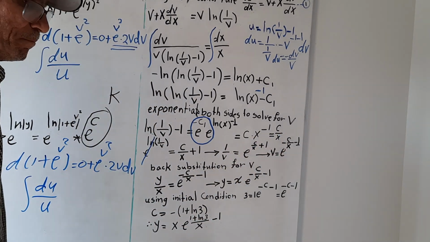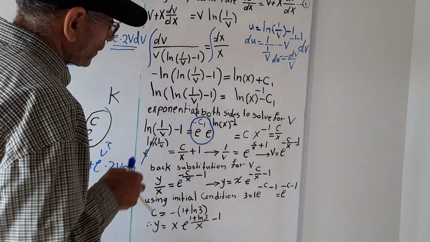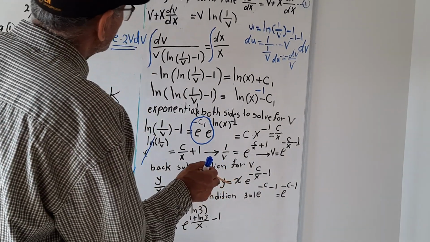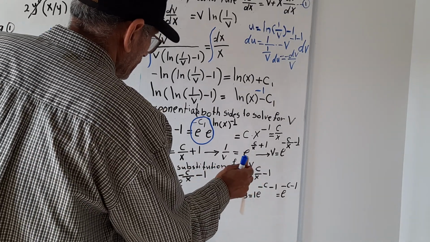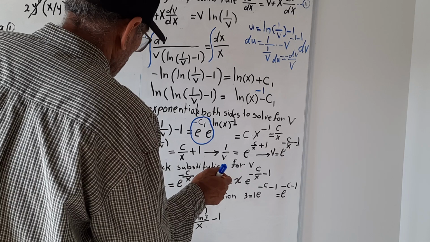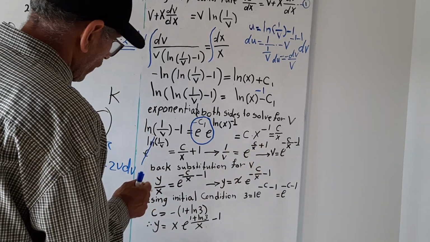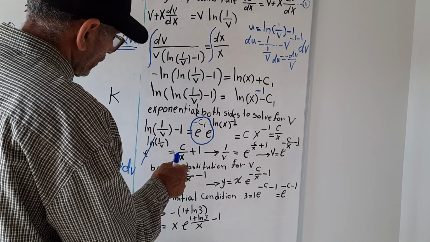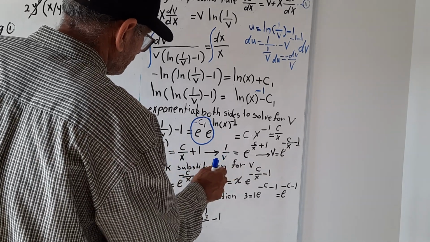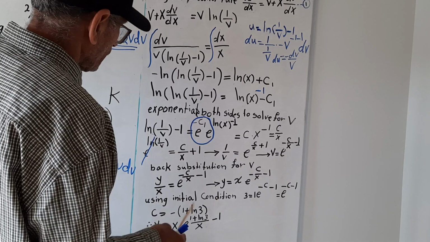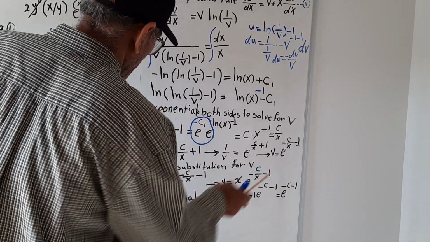And back substitution: in our substitution we said v equals y over x. So here we substitute for v, y over x equals 1 over e to the minus c over x minus 1. Then y equals x over e to the minus c over x minus 1.